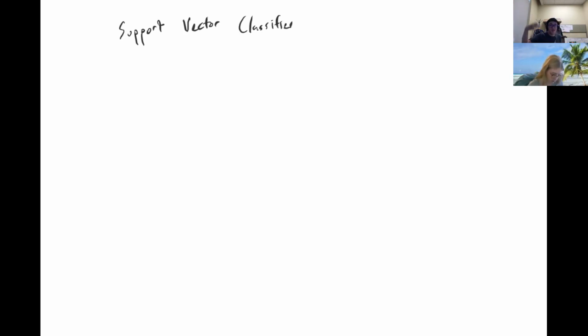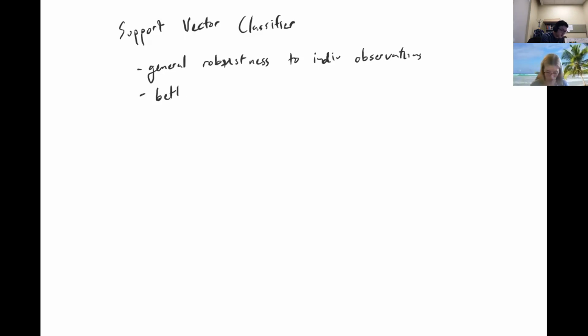And much in the same way that we evolved from a simple hyperplane to the maximal margin classifier, here what we're doing is we're going to add general robustness to individual observations. And we're also going to do better classification of most training observations.